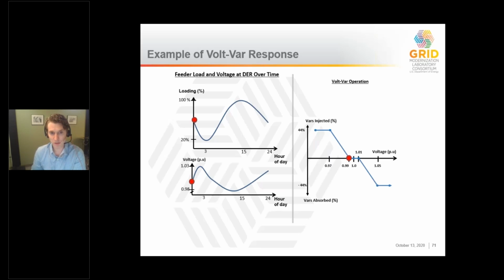And below that, we're seeing basically an inverse curve where the voltage is going to be higher at times of low loading, and the converse is also true. And then if we watch this volt var curve on the right-hand side, that red dot is basically the operating point over time. And just to illustrate that this is a dynamic function that is going to react to the voltage. And next slide, please.